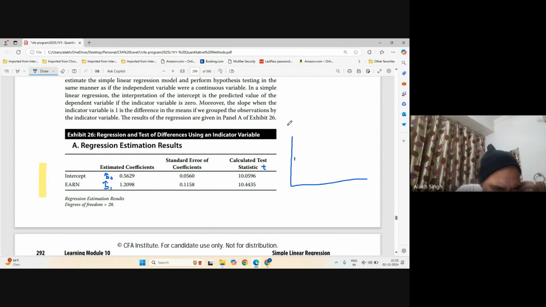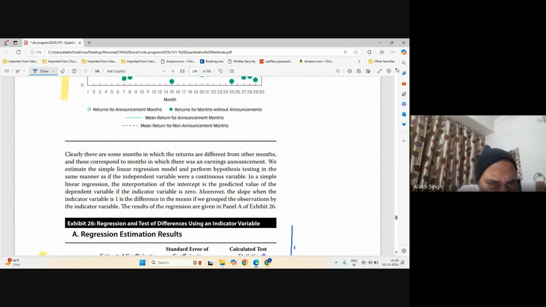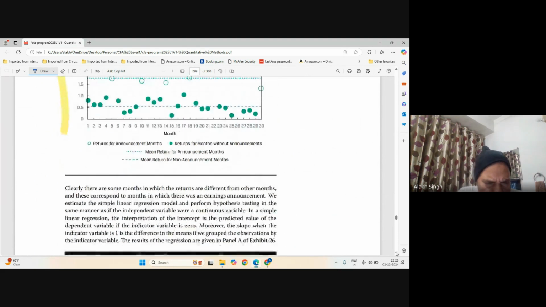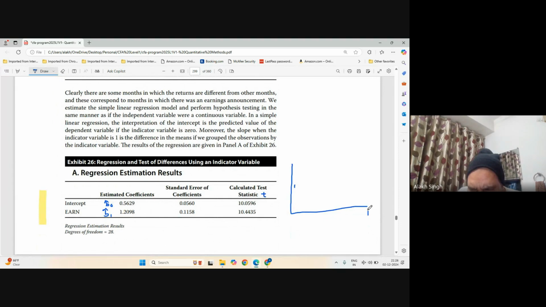This side is month and this side is return.